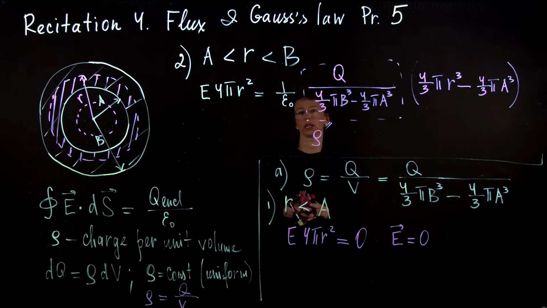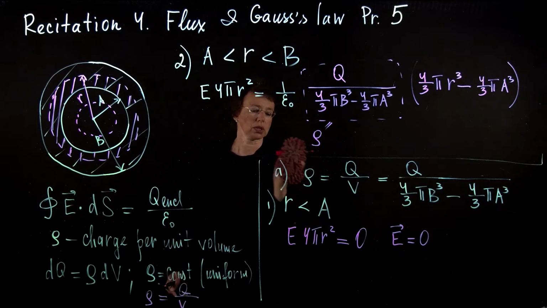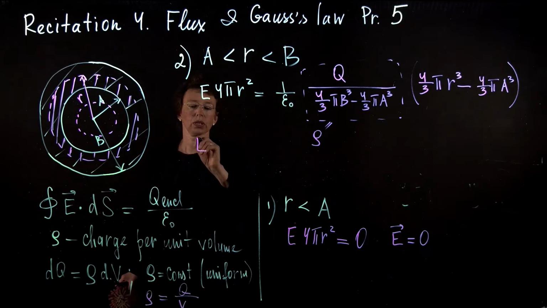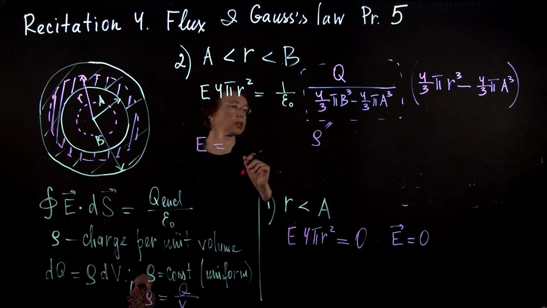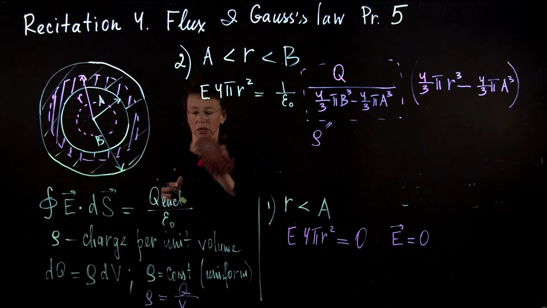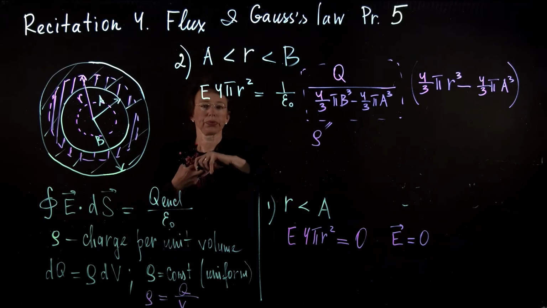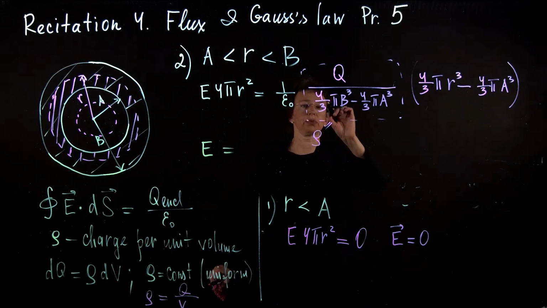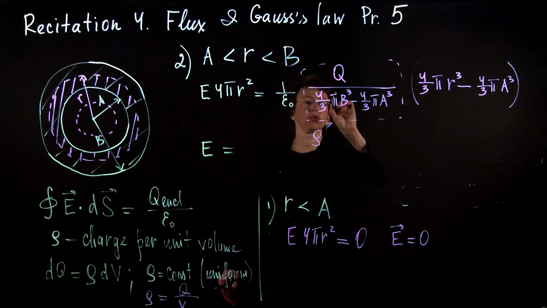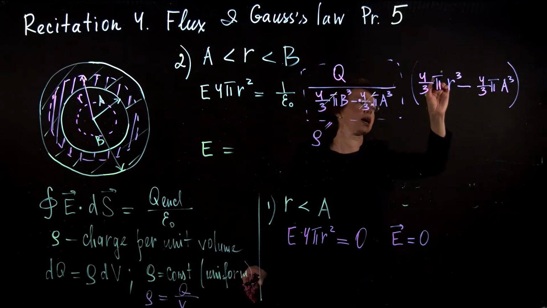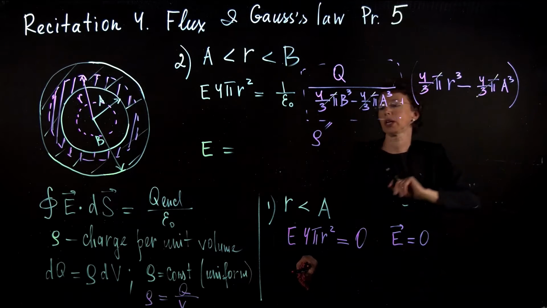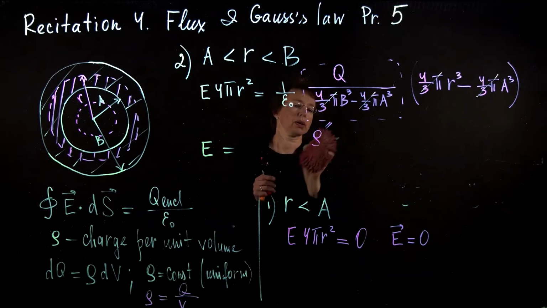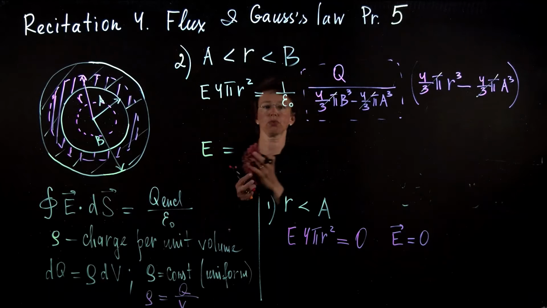So now I'm ready to find the electric field. What is the electric field? Let's simplify a little bit. The 4/3 pi will cancel out, and I will erase rho to have more space.